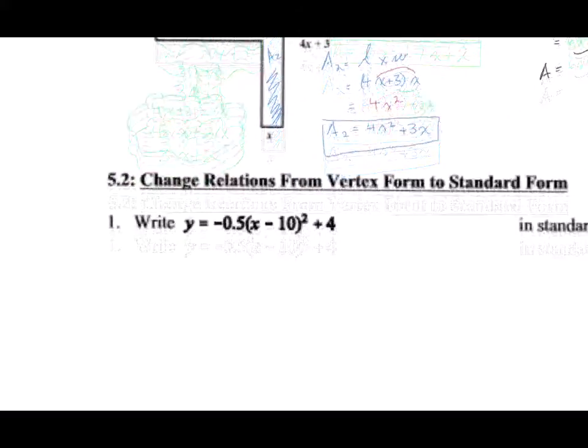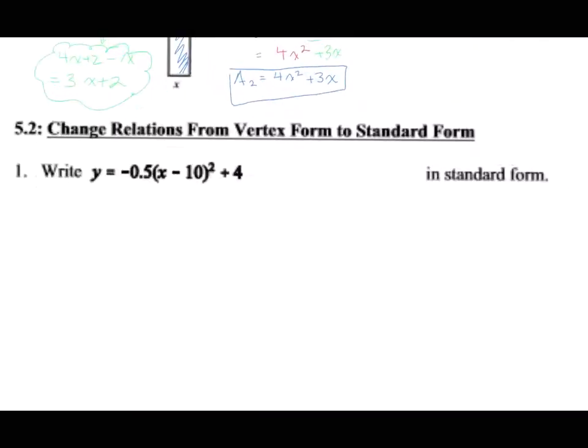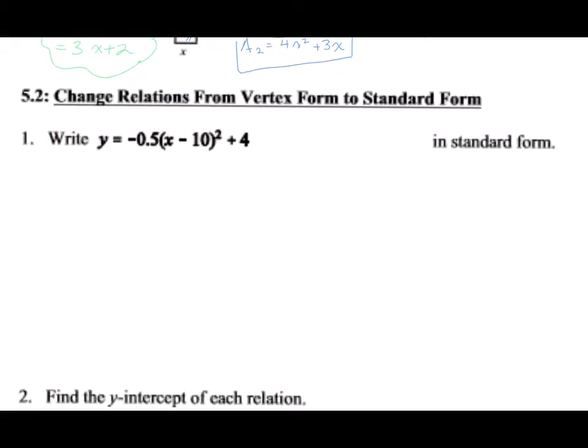So now let's move on to changing relations from vertex to standard form. For this type of problem, notice I've got something squared. What it means is we have to repeat that bracket. And then we just write everything else as it was before. Now let's simplify.